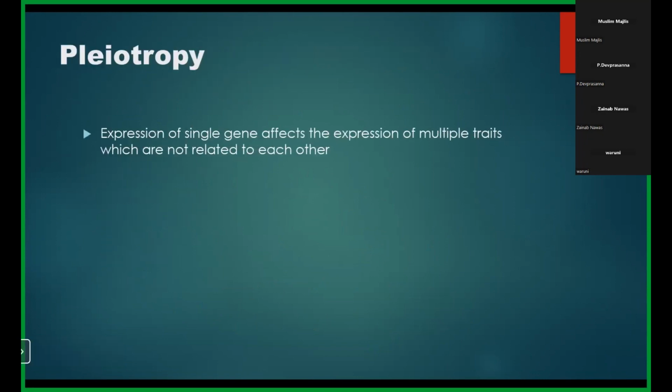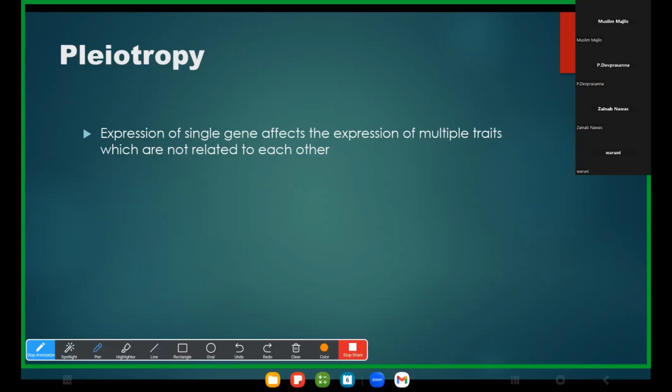And then we have something called pleiotropy. Pleiotropy is the expression of a single gene that affects the expression of multiple traits which are not related to each other. So by altering the gene at one place, say this gene is altered, this would lead to multiple different characteristics in a human.